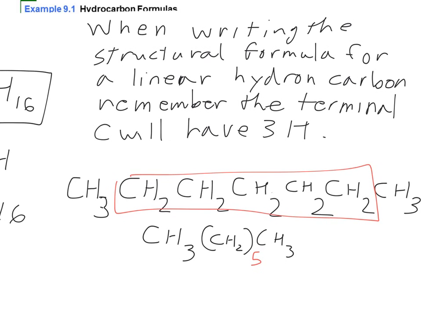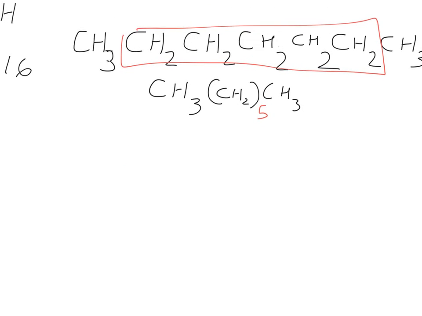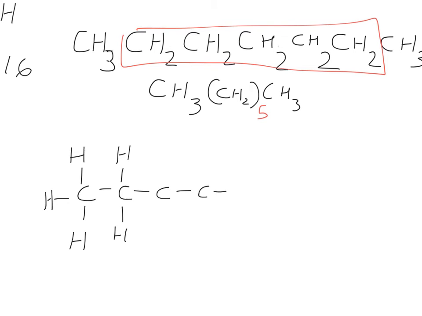If we were to go really fancy and try to draw the molecule, we draw our carbon with lines denoting single bonds to each of those hydrogens. Then this carbon would be attached to a hydrogen, 3, 4, 5, 6, 7.